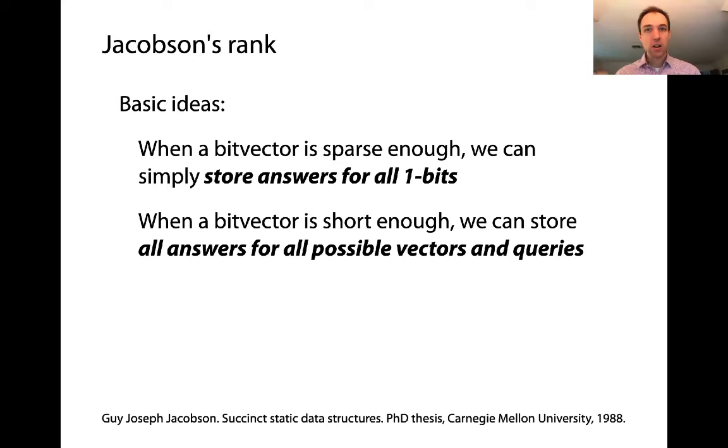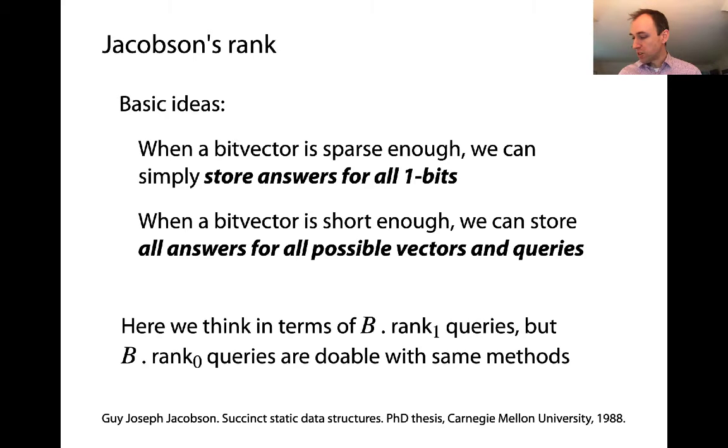Okay? And in all this discussion, we're going to be imagining that the query we're trying to answer is the rank sub 1 query. But all the same ideas can be applied. We simply reverse the roles of the ones and the zeros and apply the same approaches to answer rank sub 0 queries.